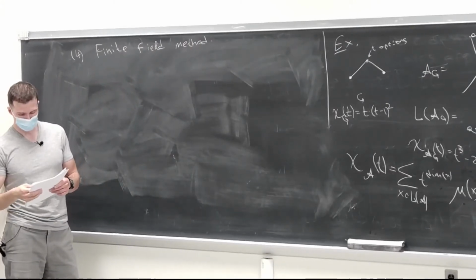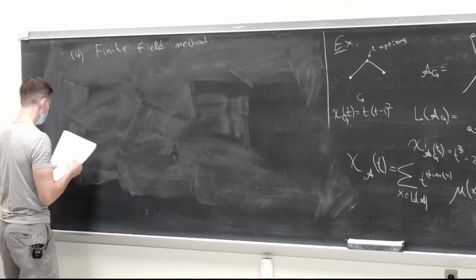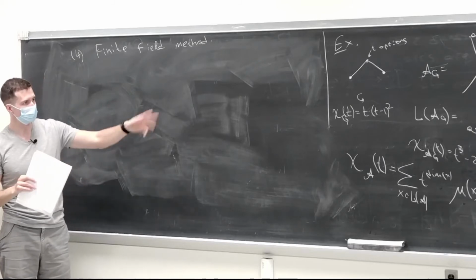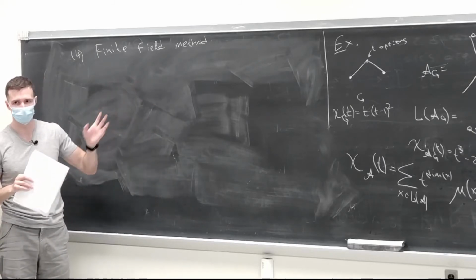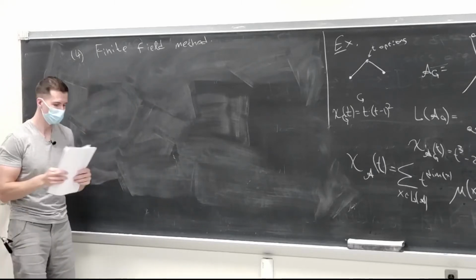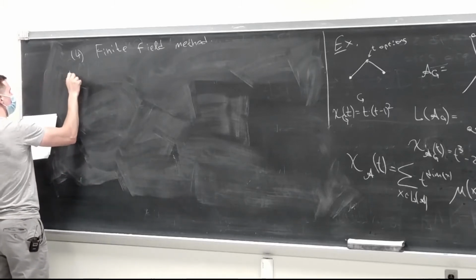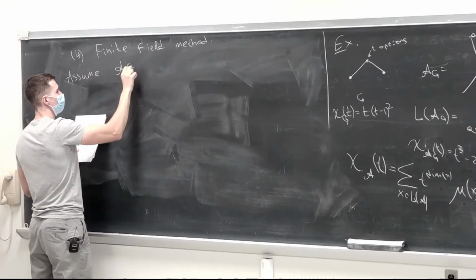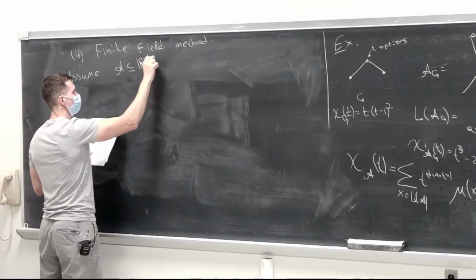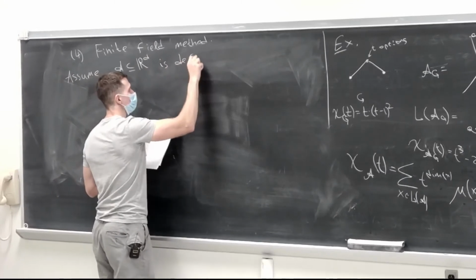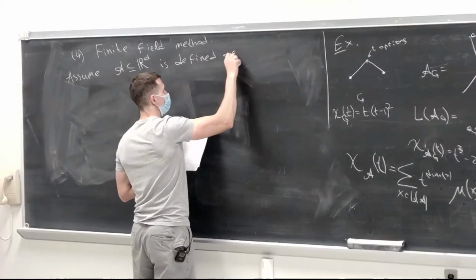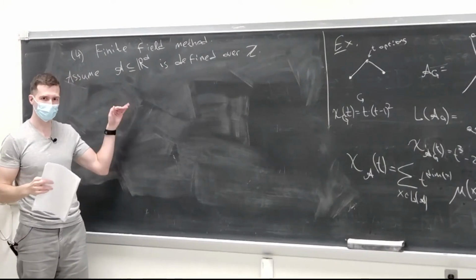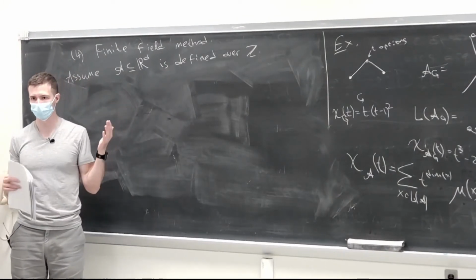First of all, it doesn't work for all arrangements. If your arrangement has some irrational coefficients, this is not going to work. So it works only, assume your hyperplane arrangement A in R^d is defined over Z, which means that for each hyperplane, the equation has integer coefficients.